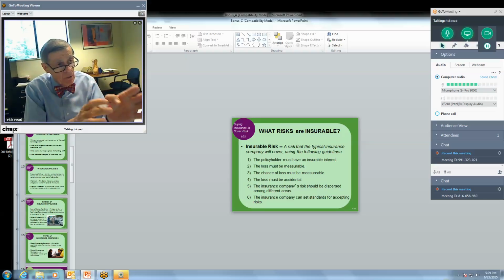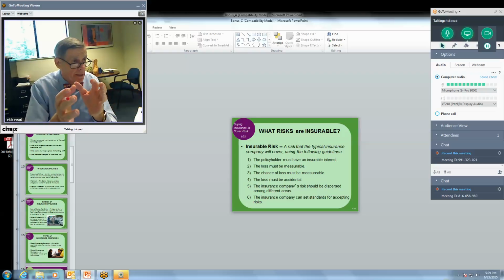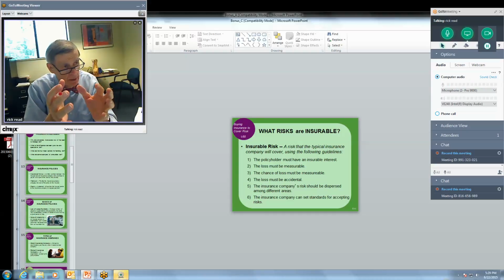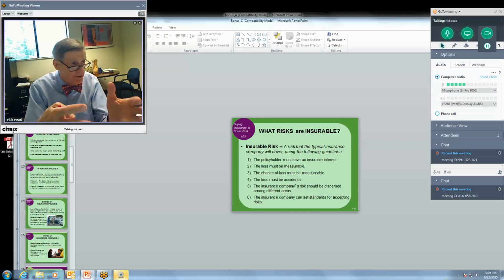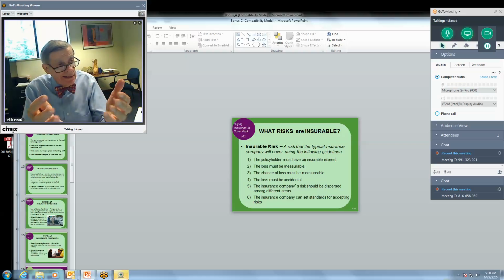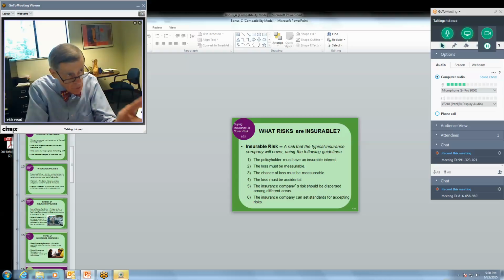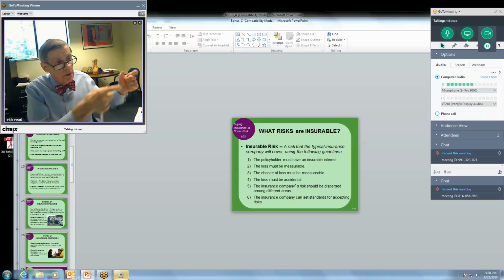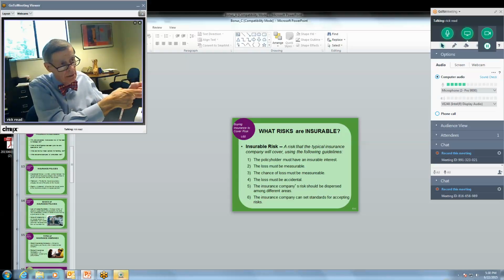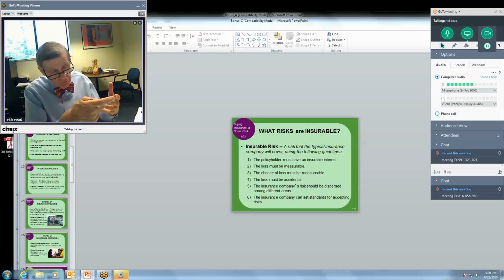For instance, suppose somebody had a diamond ring. The diamond ring's assessed value is, let's say, $1,000. It probably means more than $1,000 to the person who owns it, but you aren't going to get that extra amount of money. You'll get whatever they insured it for. If they insured it for $1,000, that's what you would get back.